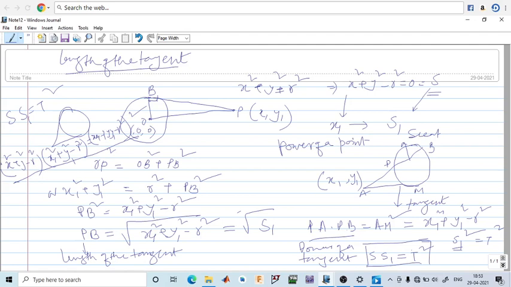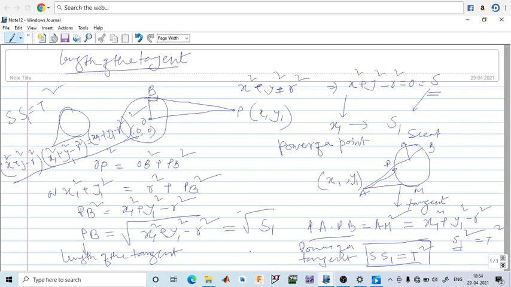There will be three cases. Power of a point outside the circle is always positive. Power of a point inside the circle is negative, and for the power of a point on the circle, suppose this A is lying on the circle, it will be 0.